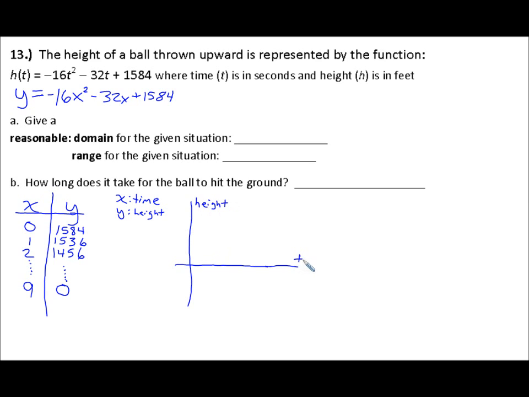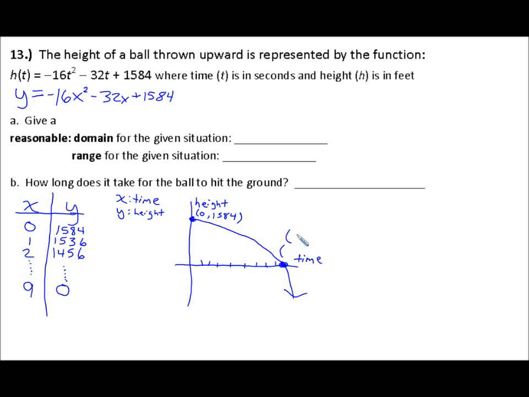and x represents time. So, at time 0, we have this point, (0, 1584). As time is progressing from the table, we can tell it's getting lower and lower to the ground until 9 seconds pass and we're at height 0.